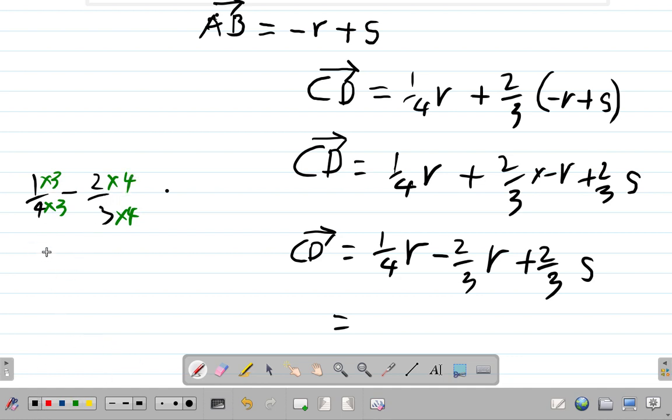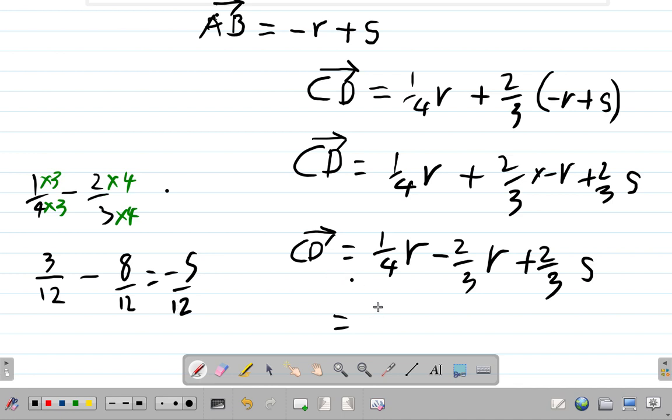So, 1 times 3 over 4 times 3 is 12, minus 2 times 4 is 8 over 3 times 4 is 12. So, 3 minus 8 is negative 5. So, you have negative 5/12.